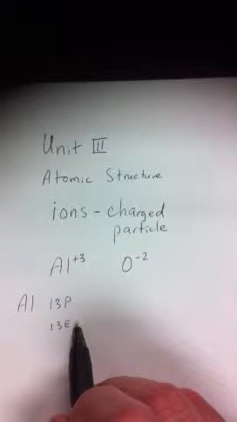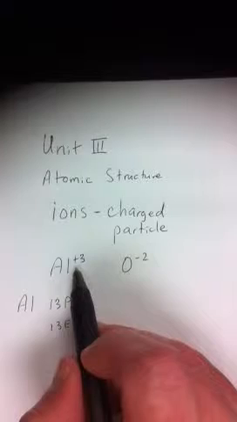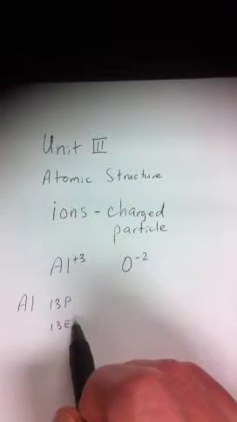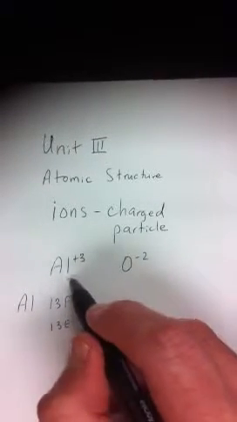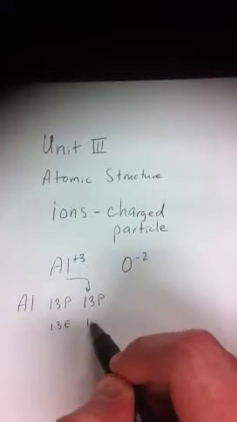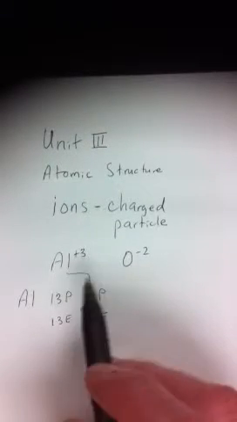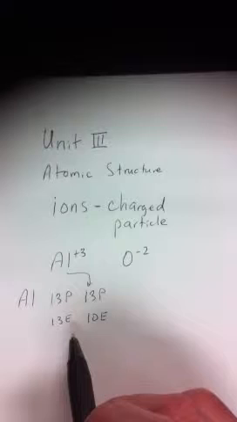You learned that a long time ago in 9th or 8th grade. So the way that this becomes positive 3 is to lose 3 electrons. So this particle will have 13 protons and 10 electrons.